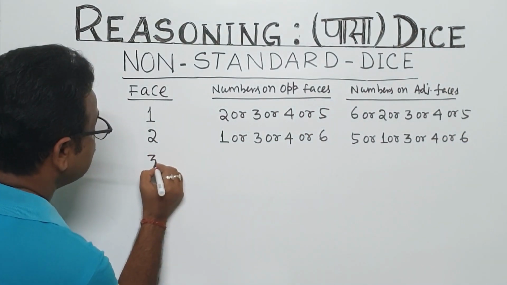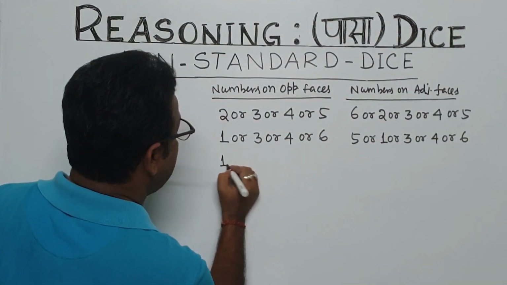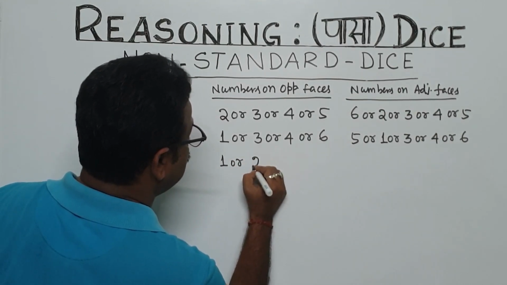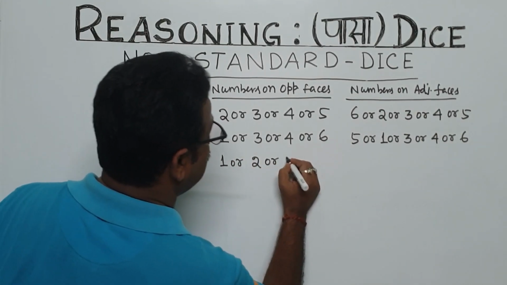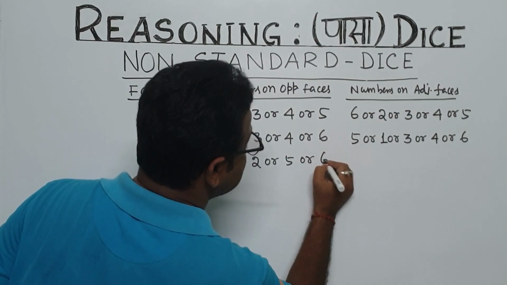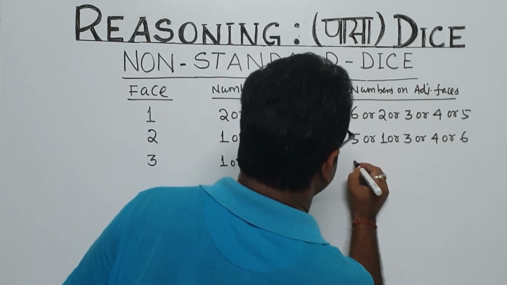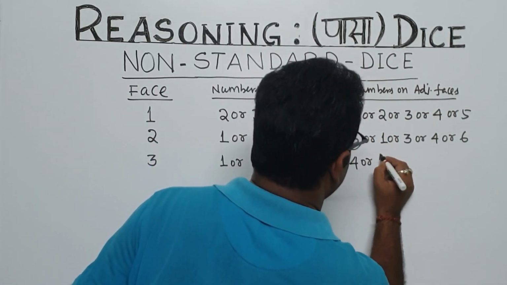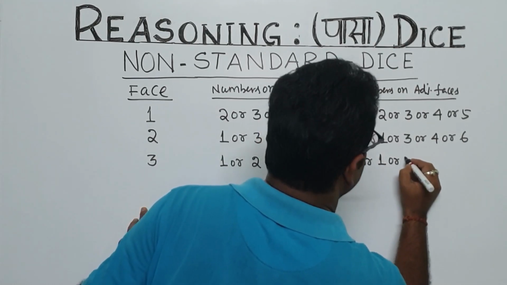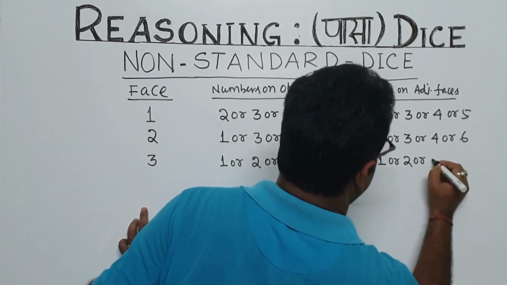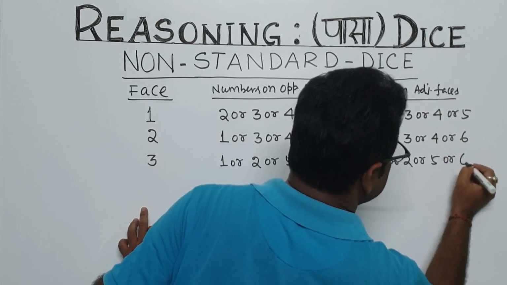Now if the face is 3, the opposite will be 1 or 2 or 5 or 6. Adjacent will be 4 or 1 or 2 or 5 or 6.